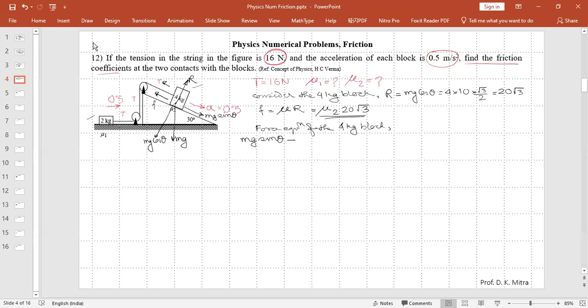The backward force is tension T. Another backward force is the frictional force F. This is equal to mass 4 into a.